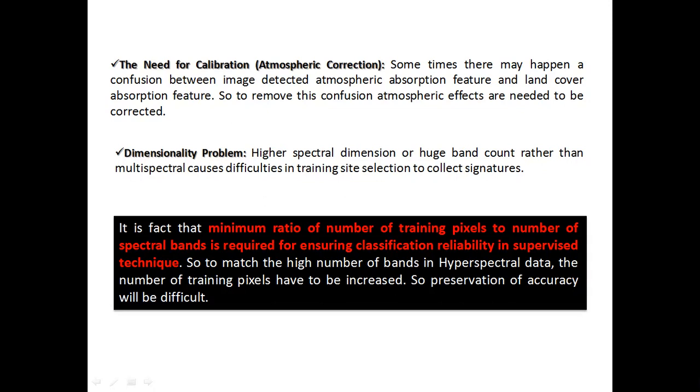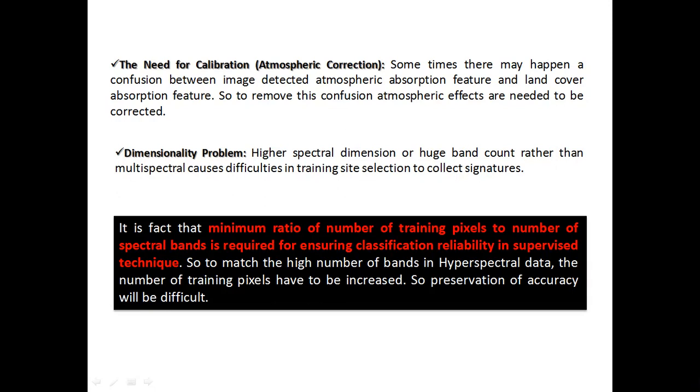Then comes atmospheric correction, and why it is needed. Due to the fine spectral resolution, confusion may happen between atmospheric absorption features and land cover absorption features.